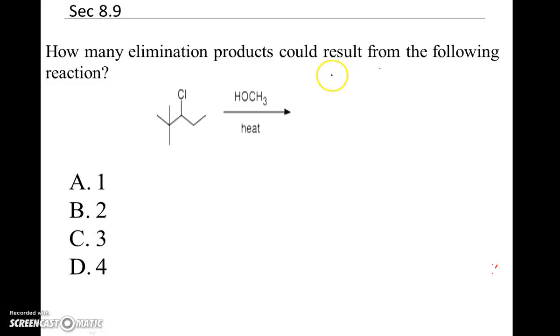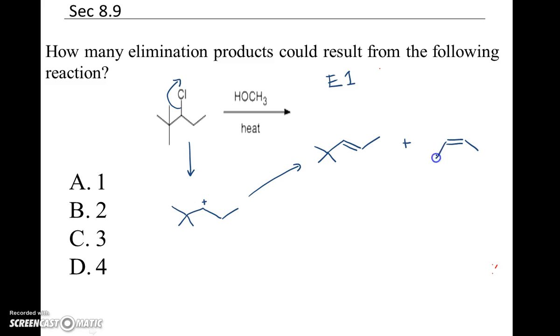Now, this is going to go E1. So it's going to go via a carbocation. So upon loss of this, we're going to have this. A positive charge here. And this can lead to this plus this, like that.